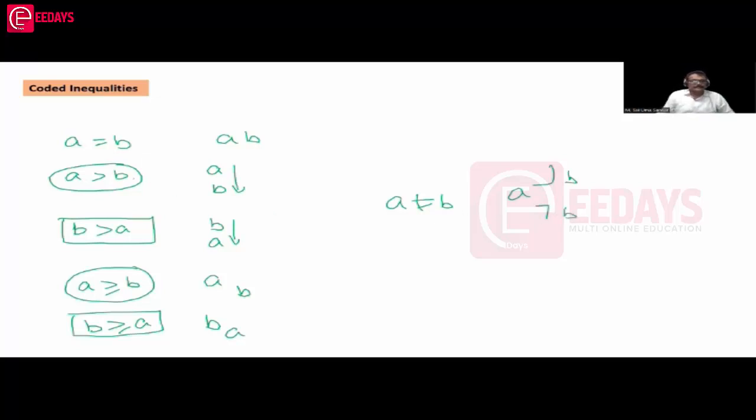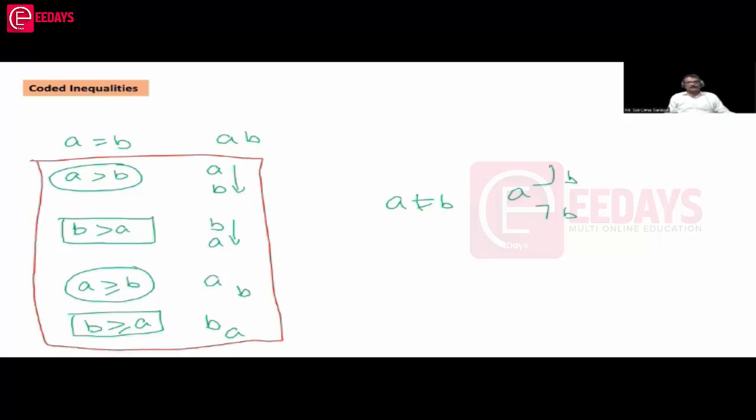Okay, here, if you observe, these four represent a is not equal to b. Suppose in any statement a is not equal to b is given, just write down like this: a, one upper line and lower line, and b.